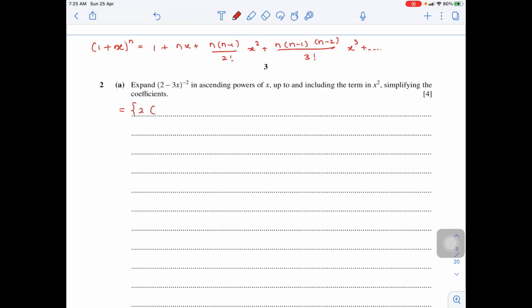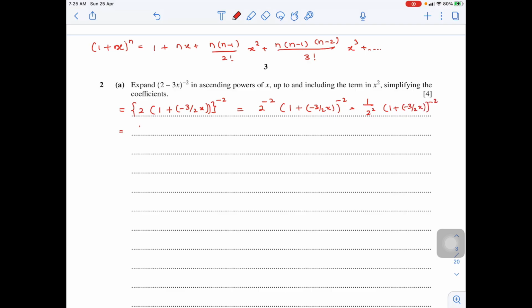I'm using this formula. So first let's change 2 minus 3x to the power negative 2 into the form 1 plus x to the power n. So that becomes 2 times 1 minus 3 over 2 x to the power negative 2, which is the same as 2 to the power negative 2 because we can give each term its own power, and 1 plus negative 3 over 2x to the power negative 2.